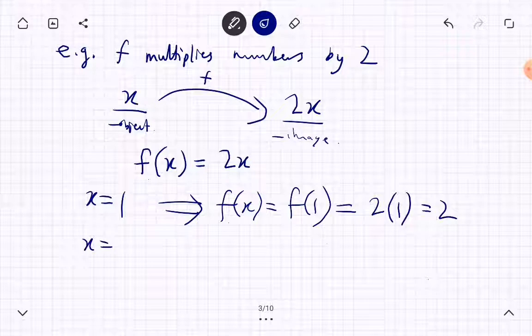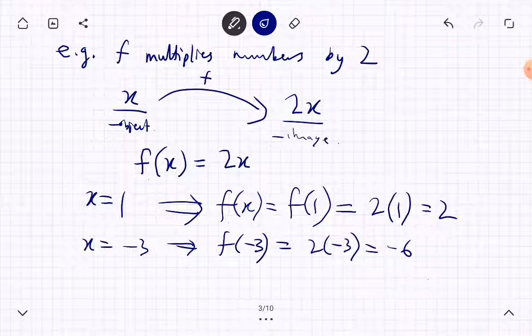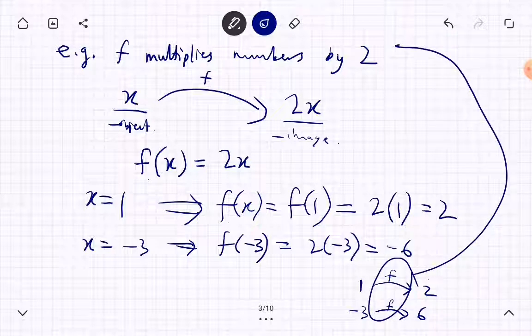Similarly, if you put in negative 3, you will get f of negative 3, which is 2 times negative 3, negative 6. So 1 goes to 2 under the function f, and negative 3 goes to negative 6 under the function f. And what is f doing? f is multiplying the numbers by 2.